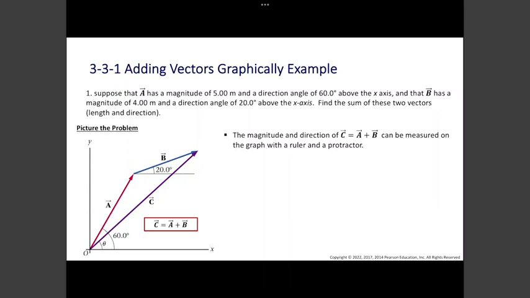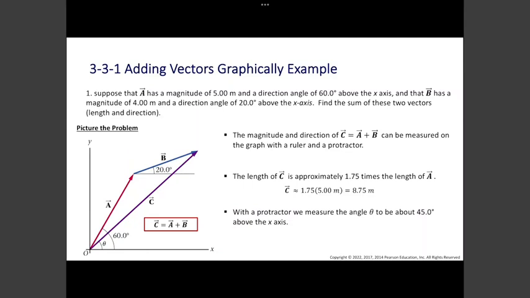So a graphical way to answer this question is to simply measure the length and the direction of C from the figure. With a ruler we can find the length, which is approximately 1.75 times the length of A, which is approximately equal to 8.75 meters. Similarly, with the protractor we measure the angle theta about 45 degrees above the x-axis.